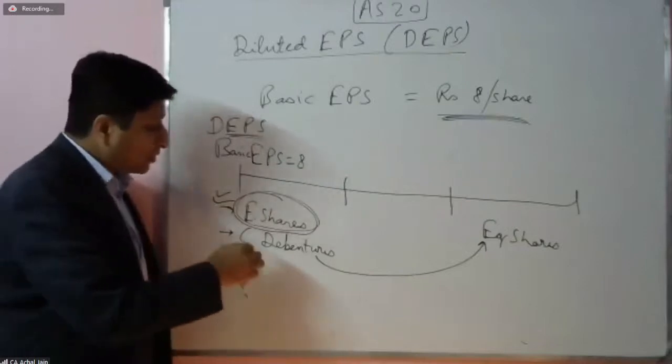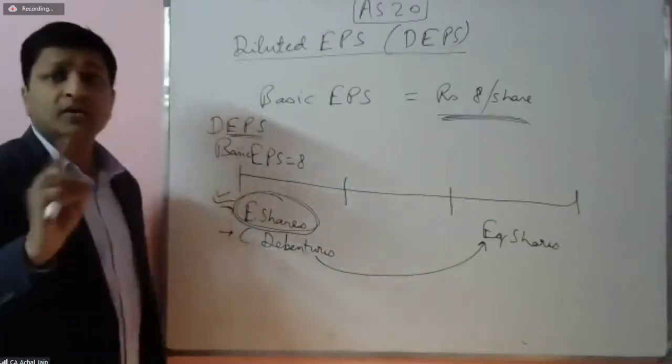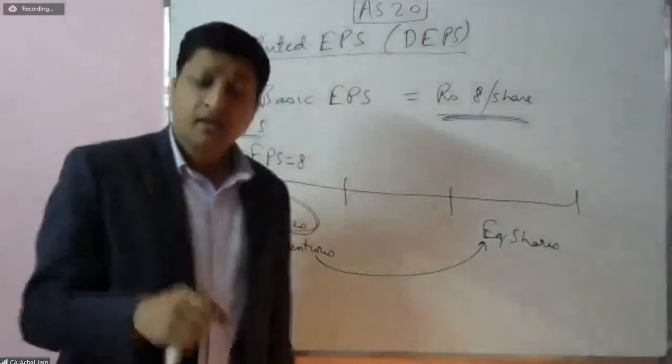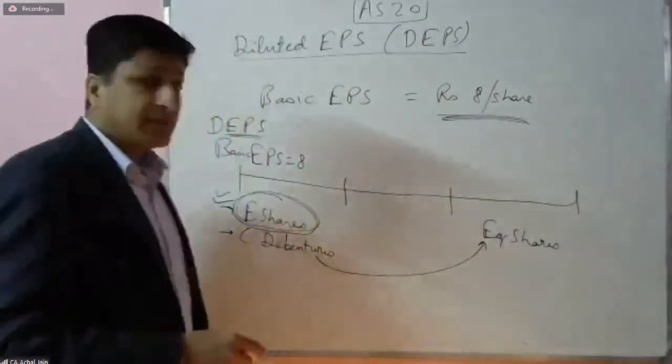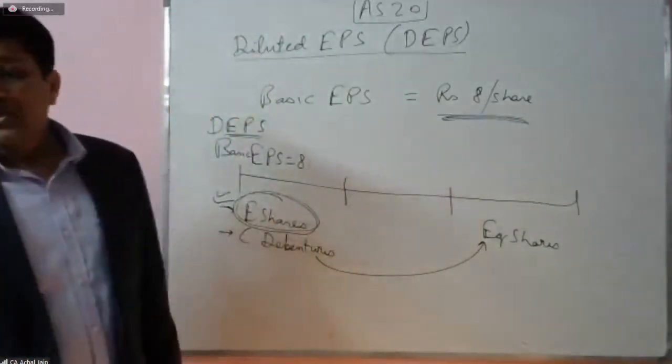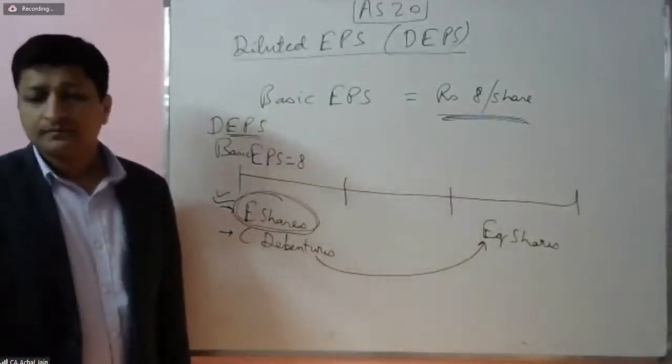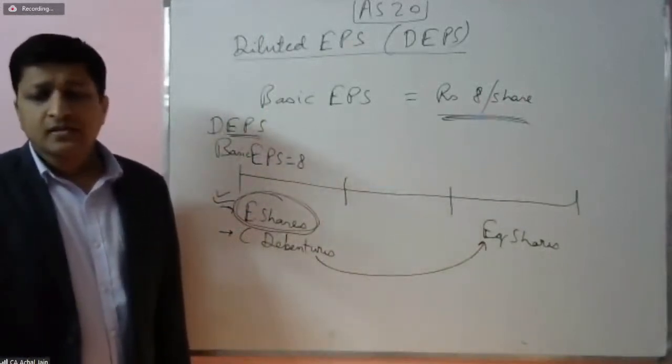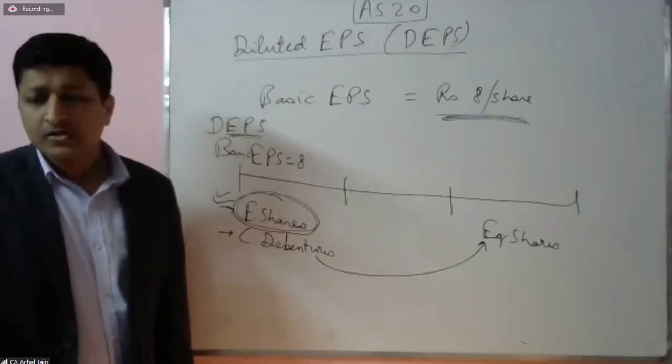Even though these instrument holders are not the equity shareholders, what do we call them? They are called potential equity shareholders.